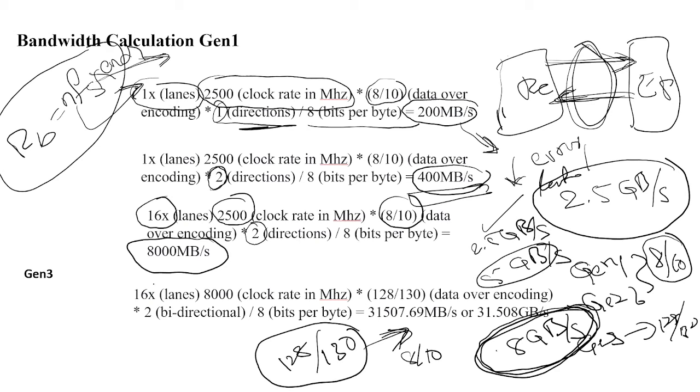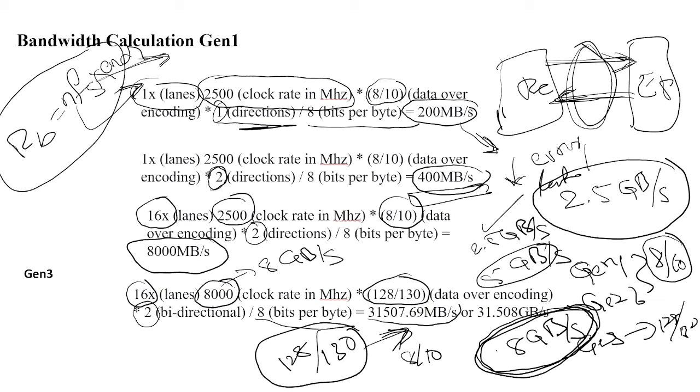So let us take one example here for Gen 3. Let us assume 16 lanes I am using. This is the operating frequency, 8 gigabits per second. This is the encoding we are using, for both directions, transmitting and receiving, with 8 bits for every clock cycle.